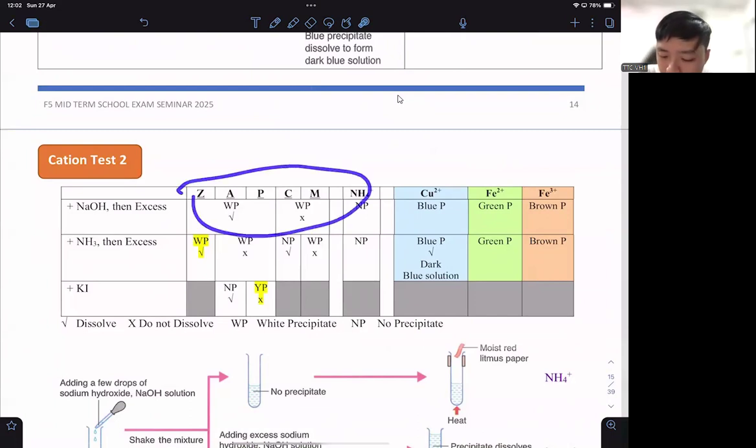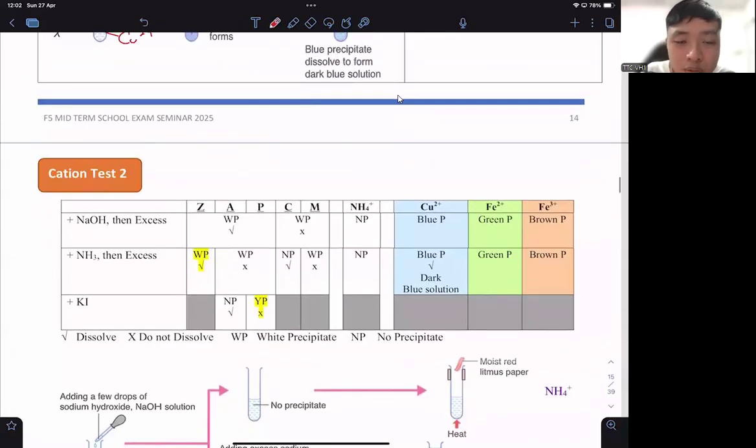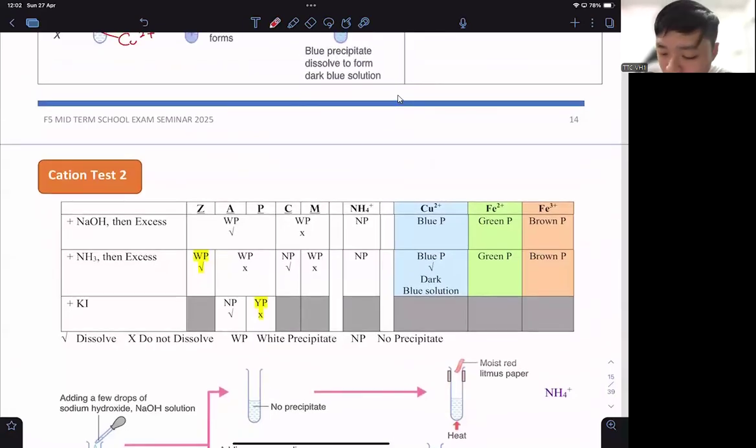The ZAPCM ions, I have a way to memorize, in case you forget. Z is for zinc ion, A for aluminium ion, Pb2+, Ca2+, Mg2+. To memorize, remember it as ZAPCM.